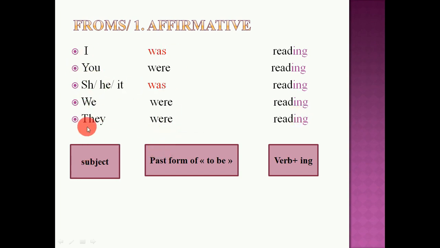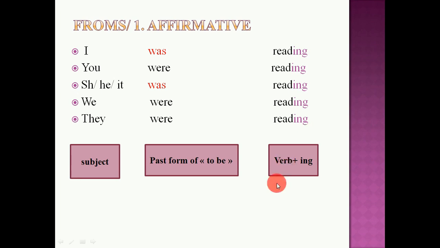This is the subject. So affirmative form من وش يتكون في الجملة. The subject, it can be a personal pronoun ولا a name ولا any noun, plus was and were, if you remember. It is the past form of the auxiliary to be. هنا نسموها auxiliary verb. Here it is the verb plus ing.